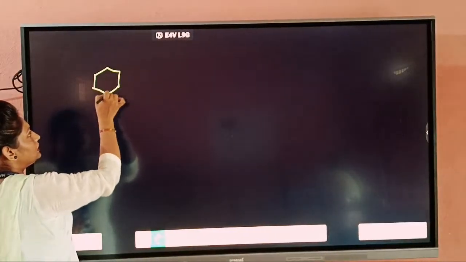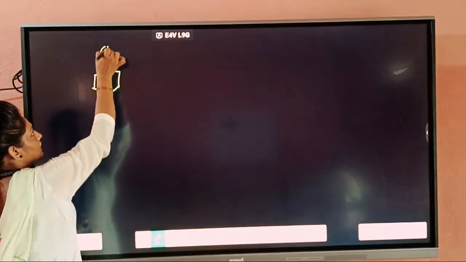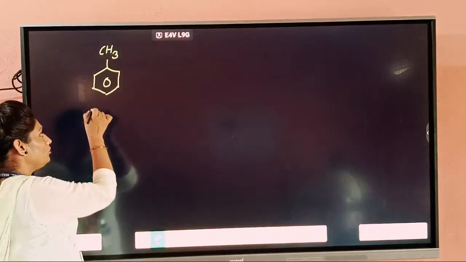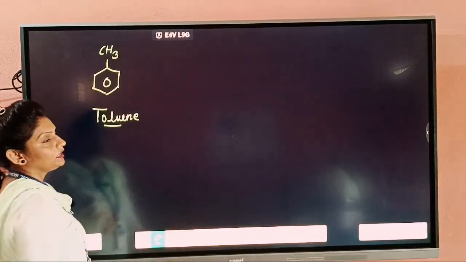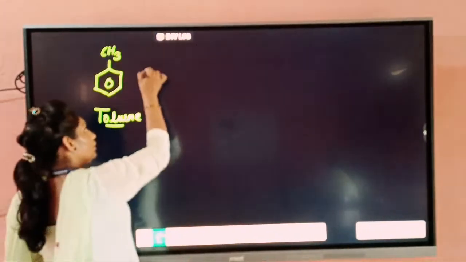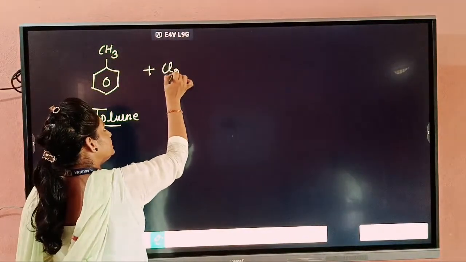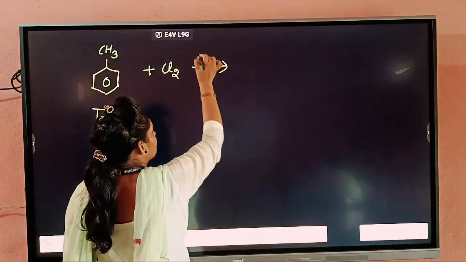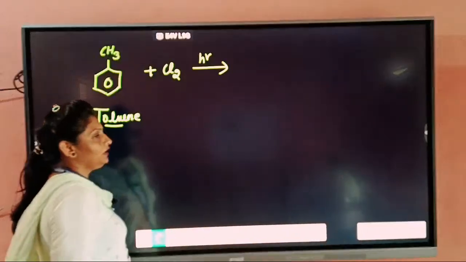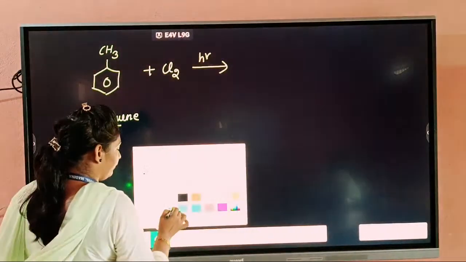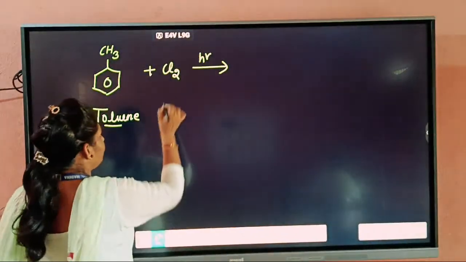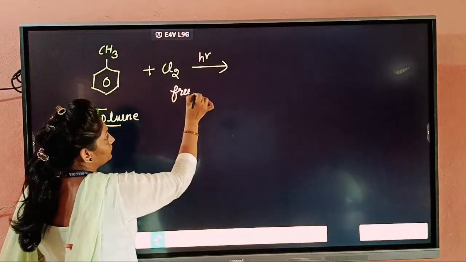Students, if we have toluene, C6H5CH3, its IUPAC name is methyl benzene, but its common name is toluene. If we do chlorination of this in presence of sunlight, you know very well because we have done it in haloalkanes, it will follow the free radical mechanism.